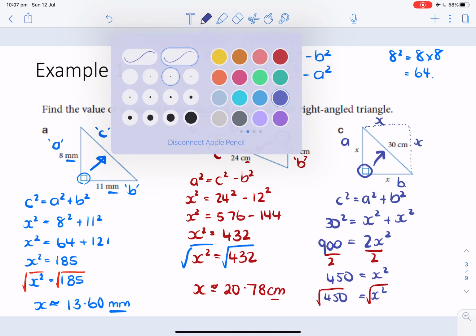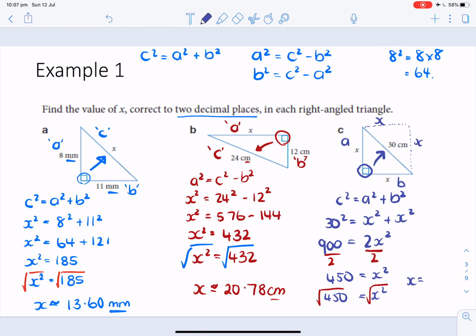Oh, I'm running out of room, and my x value is approximately 21.21 centimetres, remembering the unit that we used earlier. Still centimetres. So that means that both this x here and this x here are both worth approximately 21.21 centimetres.